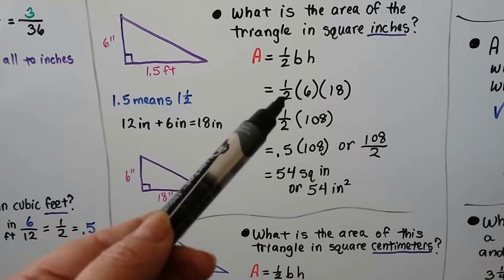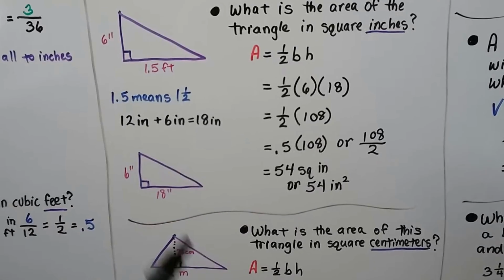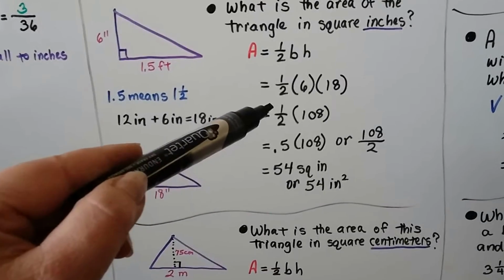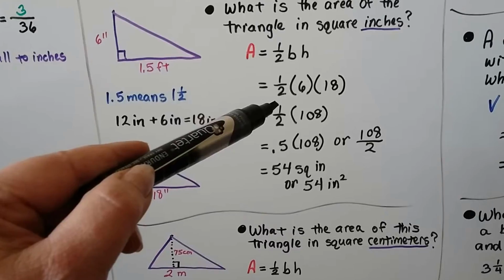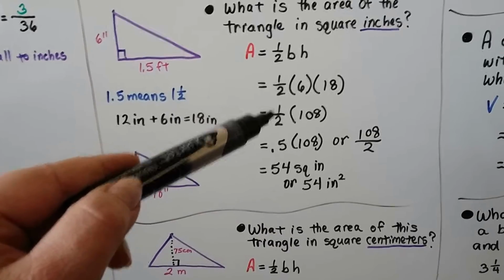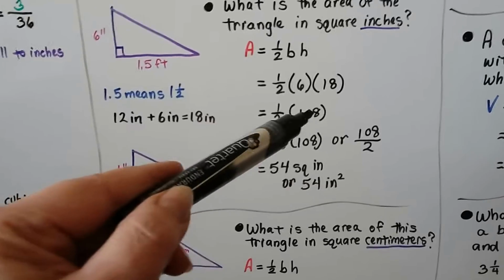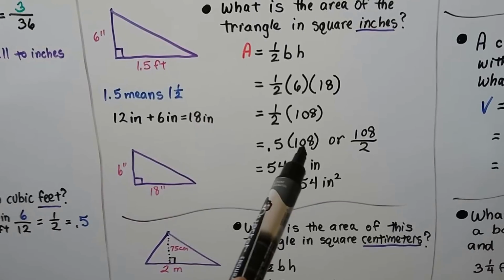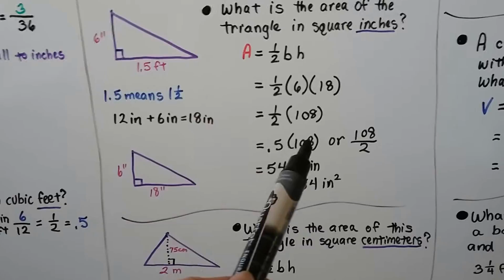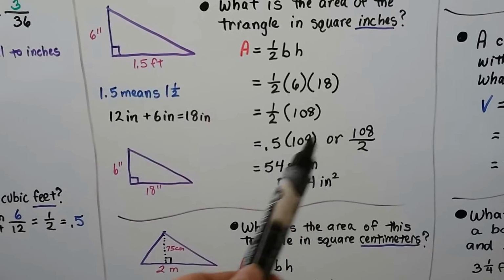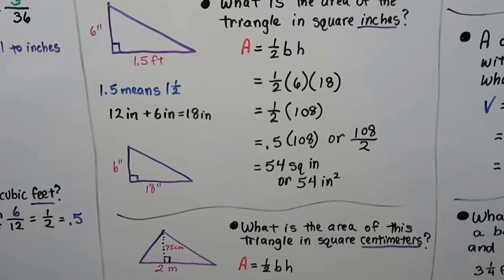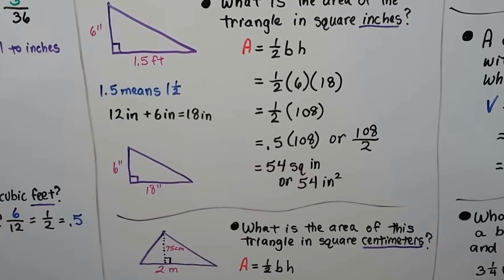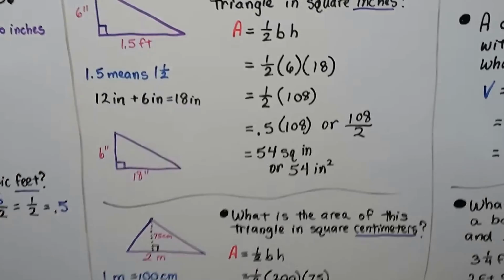So we're going to do half times 6 times 18, see? And when we have a unit fraction where there's a 1 as a numerator, that's a unit fraction, we can just divide by the denominator. That gives us 0.5 times 108 if we want to do it that way for the half, or we could just do 108 divided by 2 and get 54 inches squared, or square inches, okay? So do the conversion before you do the math.